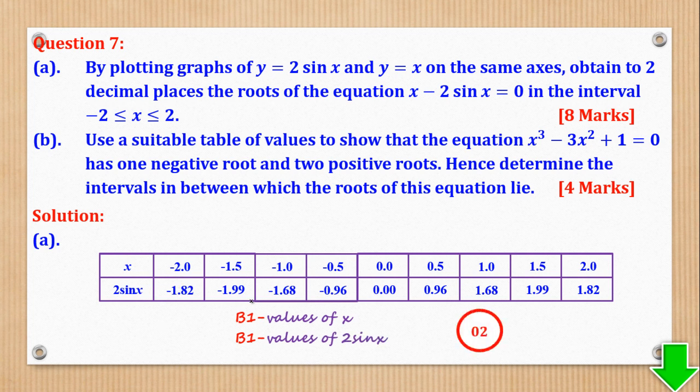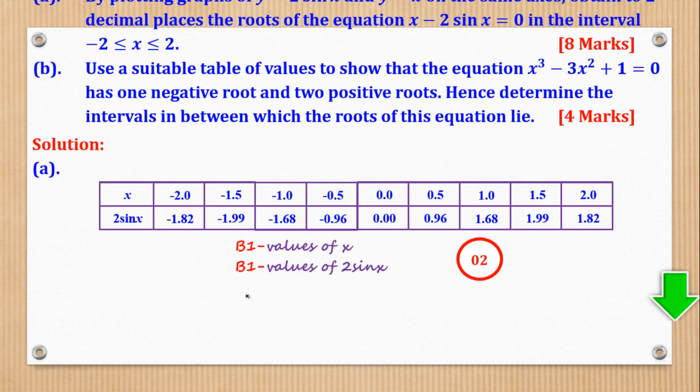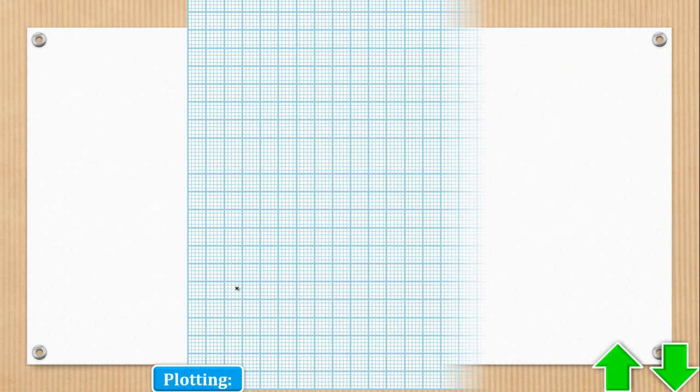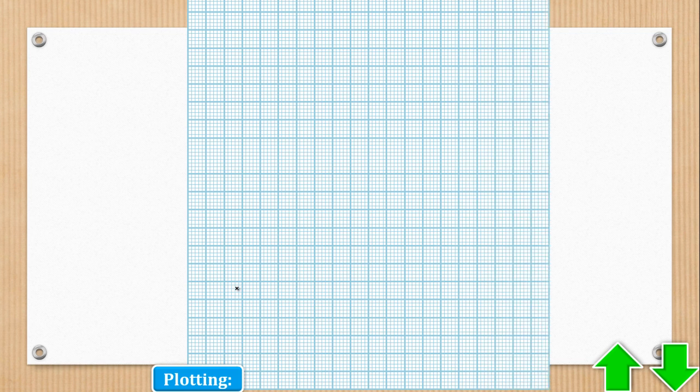So after getting those values, we can come here and get our graph paper, draw the axes. Now these values had positive and negative, so we shall draw our axes to make sure that we cater for both negative and positive values. Then we get a suitable scale for the horizontal.